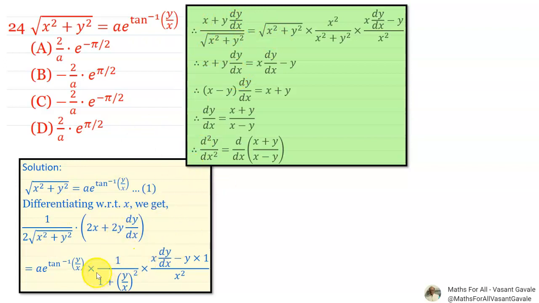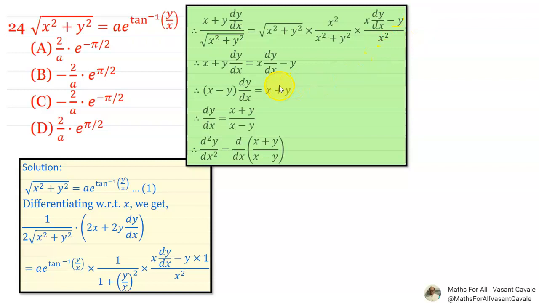Next, the value of a into e raised to tan inverse of y upon x याची व्हॅल्यू किती, तर in root of x square plus y square इथे आली. नेक्स्ट पुढे हे सिम्प्लिफिकेशन 1 upon 1 plus y upon x bracket square हे सिम्प्लिफिकेशन केलं. Then you will get here x square upon x square plus y square. Next x into dy by dx minus y upon x square.